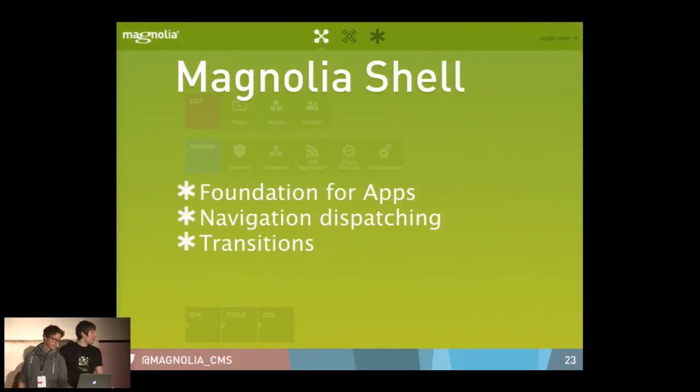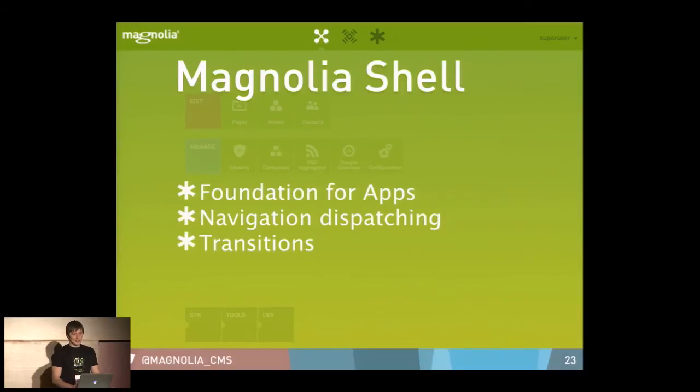So, in order to prepare the foundation for app-driven user interface, we had to start with the design of a GUI shell that would actually manage their layout, navigate between apps, and provide also access to system apps. And, well, not thinking too much about the naming, we named the whole thing Magnolia Shell.